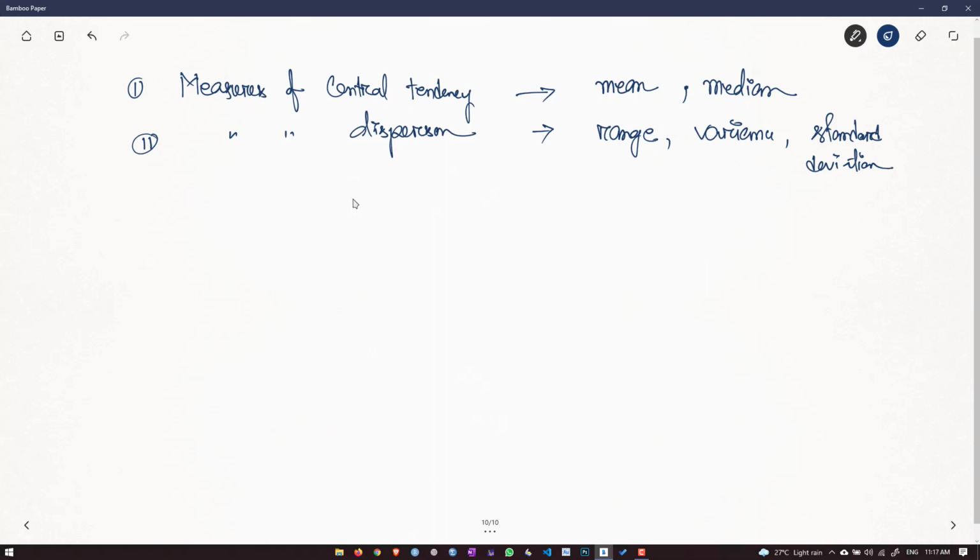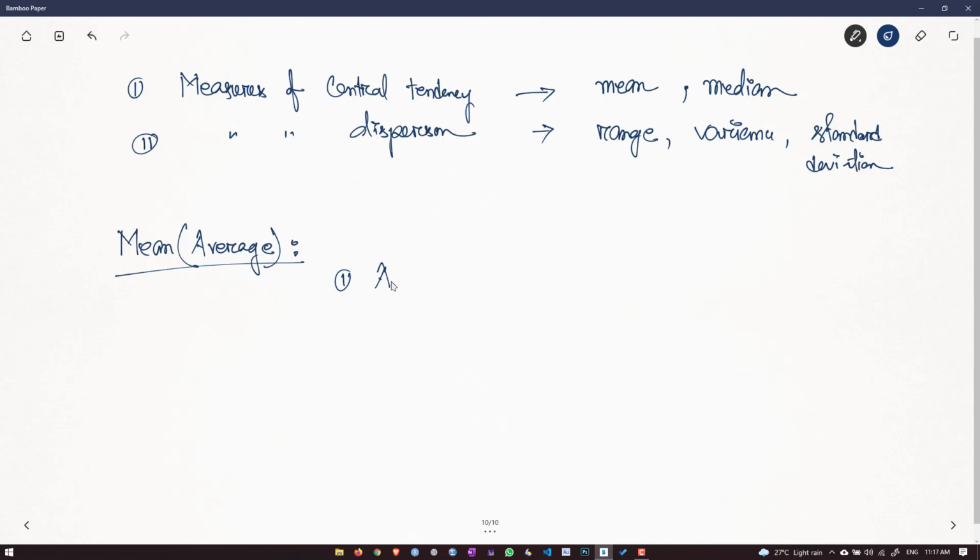Okay, let us start with the simplest one, the mean, right? So mean or average. We will start with mean or average. Now mean are of three types.